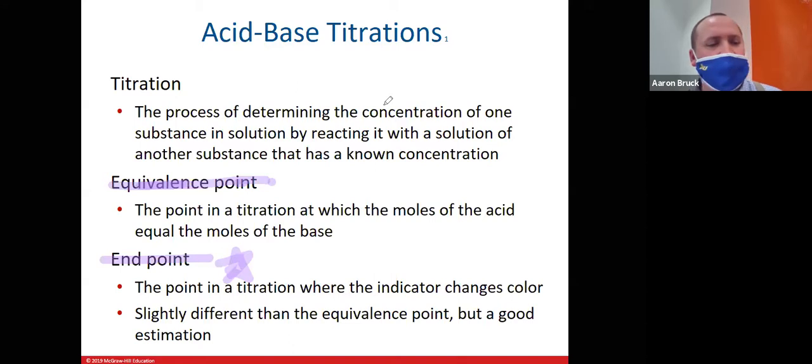Now, why do we use the endpoint? Well, it gives us a good estimation of the equivalence point. It gives us a visual cue that is a relatively good indication that we're at or at least near the equivalence point, and we can estimate our concentrations based off of that information.